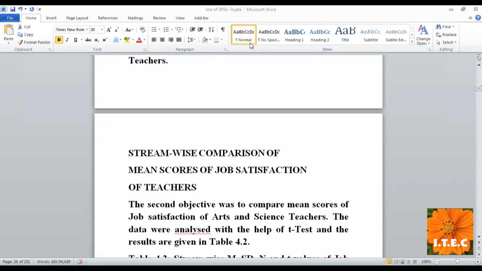So you cannot just write both. You have to write only one. And if your value is significant at 0.01 level, then it is understood that it has to be significant at 0.05 level.